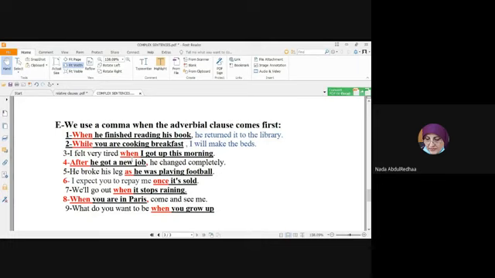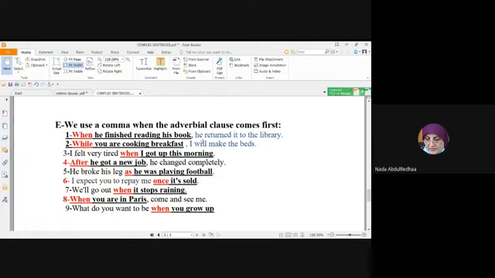If you use the subordinating conjunction clause at the beginning, you have to put a comma to separate the first clause and the second one. The first clause would be the dependent clause, and the second one would be the independent clause. For example, when he finished reading his book, now you have to put a comma, he returned it to the library.